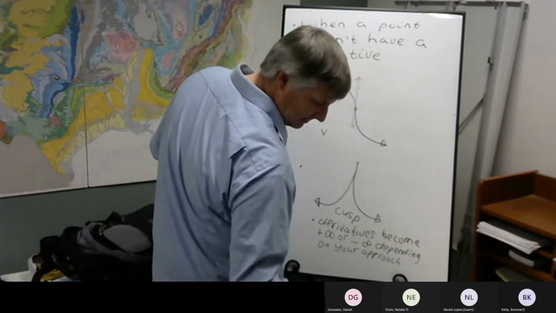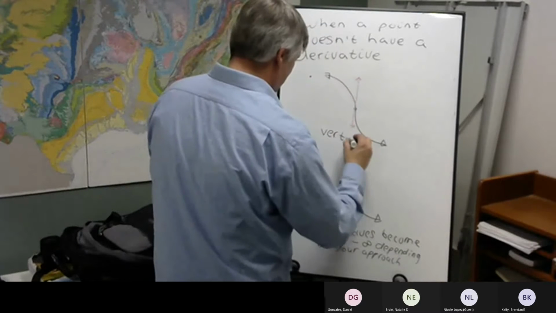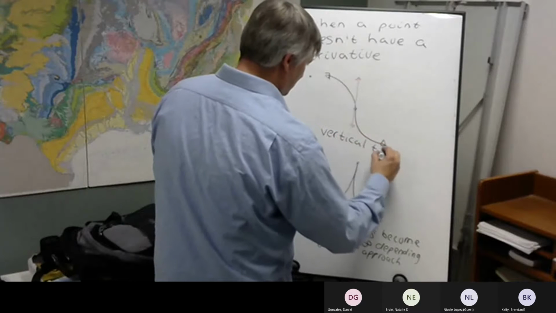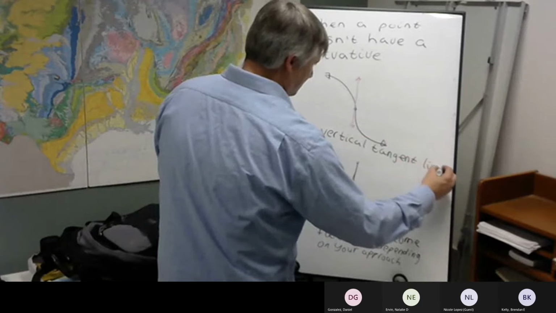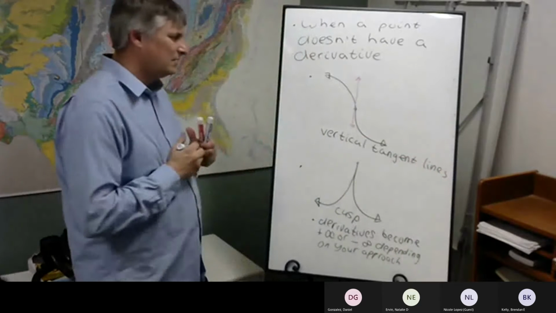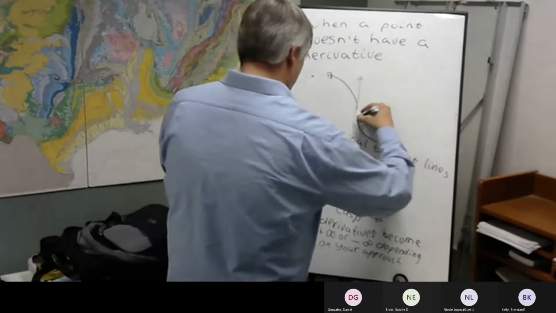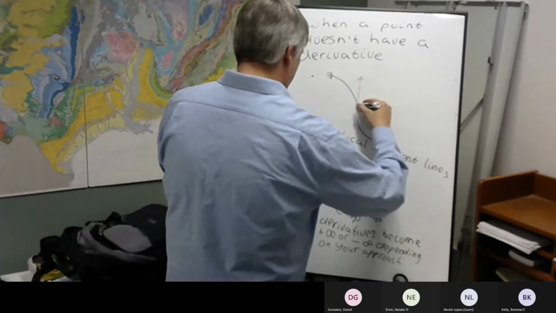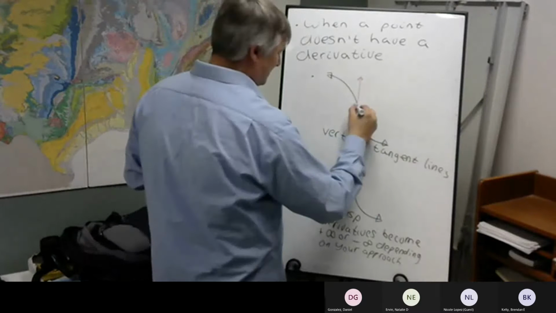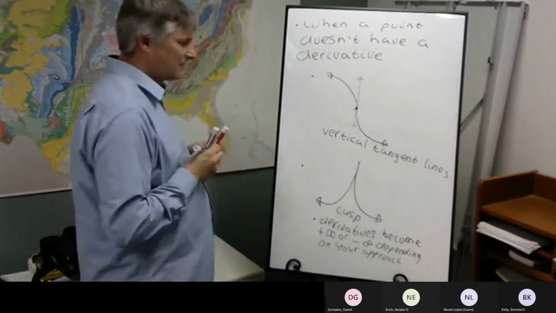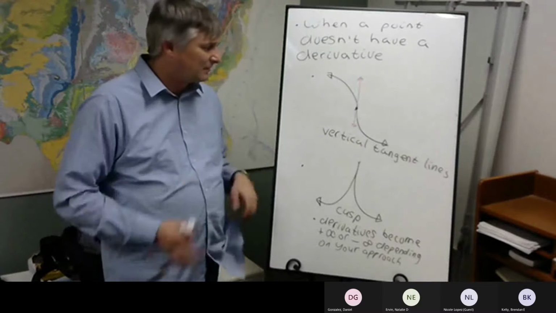Let's see, they sometimes say this. So point, let me draw this a little better. Where you're going to get a vertical tangent line, that's also where your derivative doesn't exist.